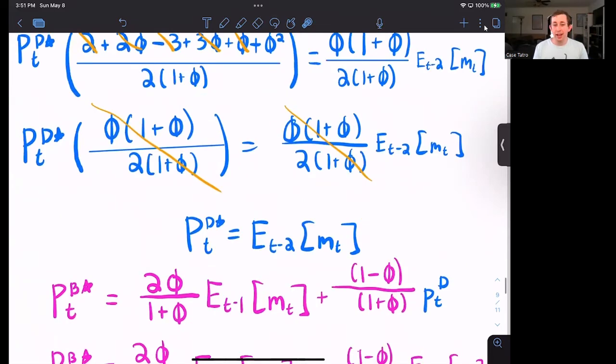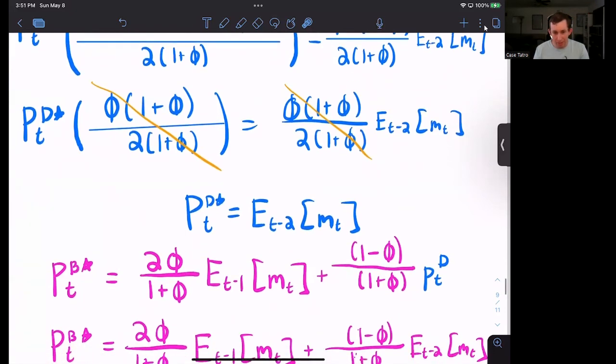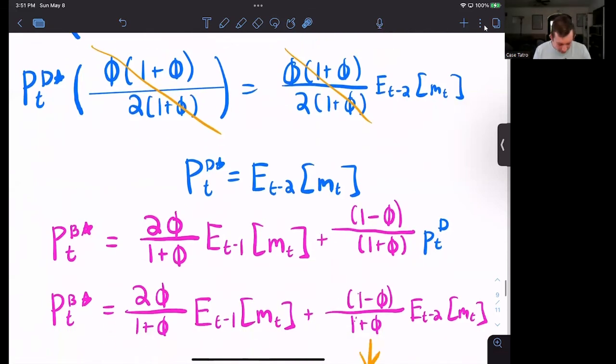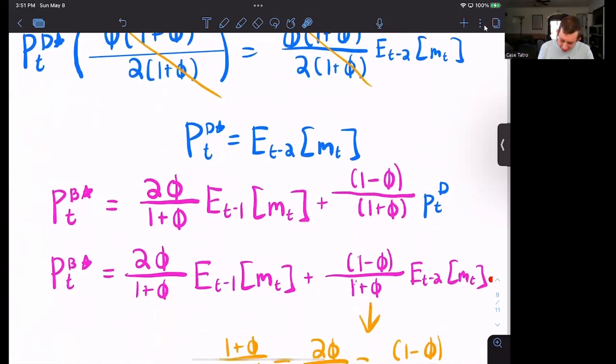So now that I know that Dave's optimal price today is just his expected value of the money supply today from 2 periods ago, well, I also know that Dave's optimal price appeared in my optimal price for Bill, because Bill is going to think about what Dave does when Bill sets his price. So now I can just plug Dave's optimal price into Bill's optimal price function. And now Bill's optimal price function is just a function of M_t, and it no longer includes Dave's optimal price.